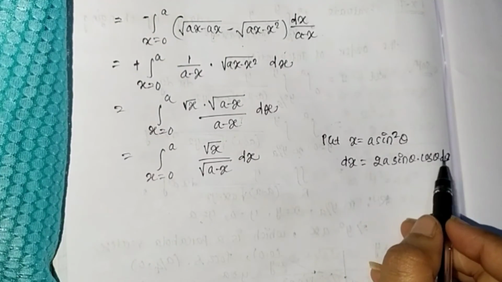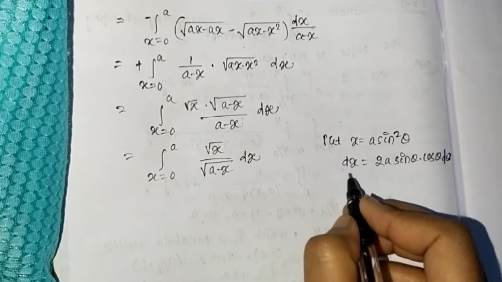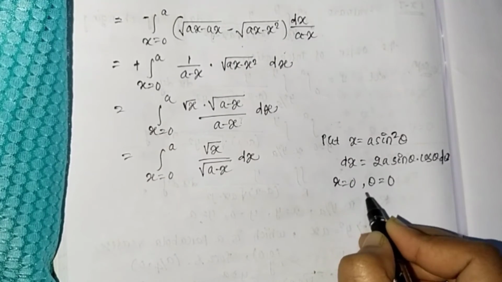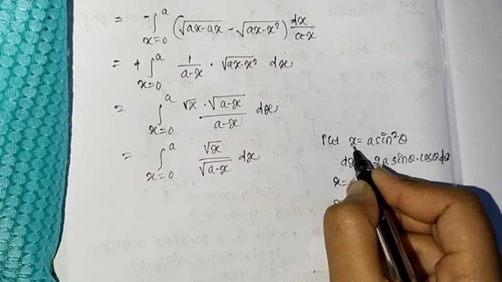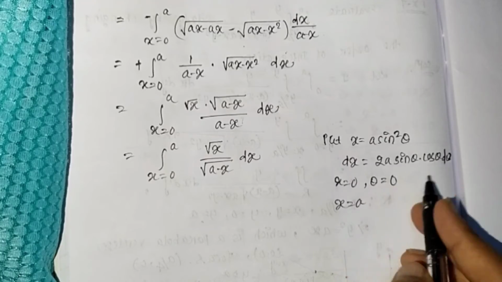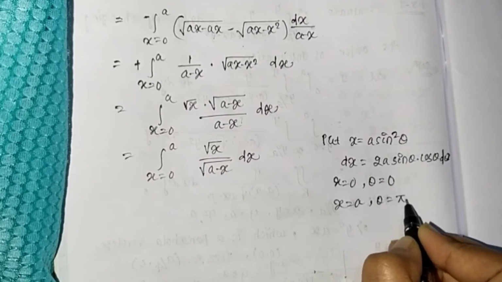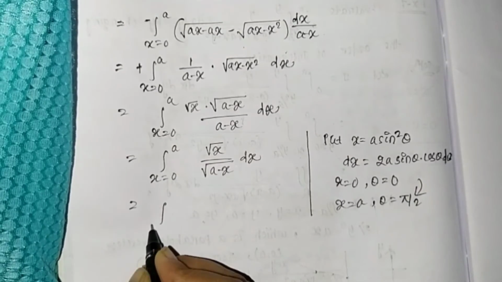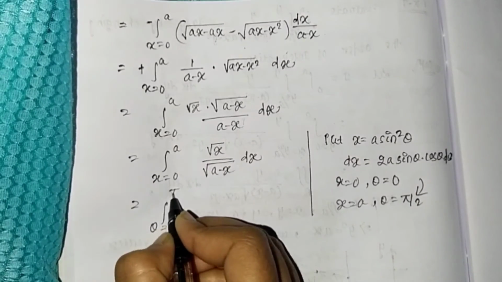When x equal to 0, then theta equal to 0. When x equal to a, then our theta must be pi by 2. So that is equal to theta is from 0 to pi by 2.